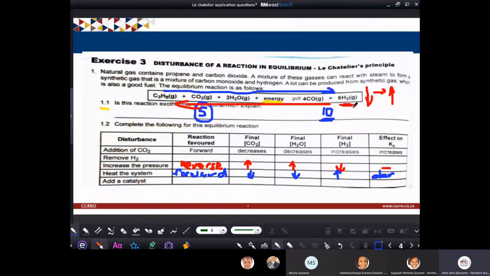Why will it decrease, guys? Because we are making more products. Sorry, I said decrease, I'm making a mistake. It must increase. The Kc must increase. Why? Because we are making more products. Remember our expression: it is the concentration of the products over the concentration of the reactants. So if this becomes more, then the Kc will increase.